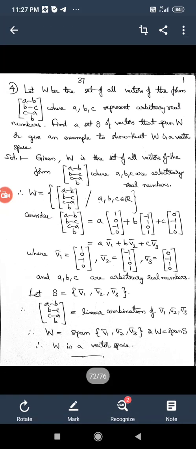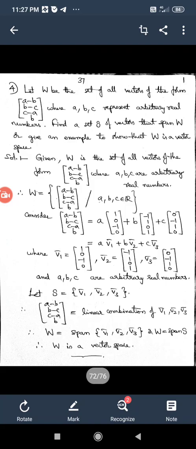And here A, B, C are arbitrary real numbers in A V1 bar plus B V2 bar plus C V3 bar.